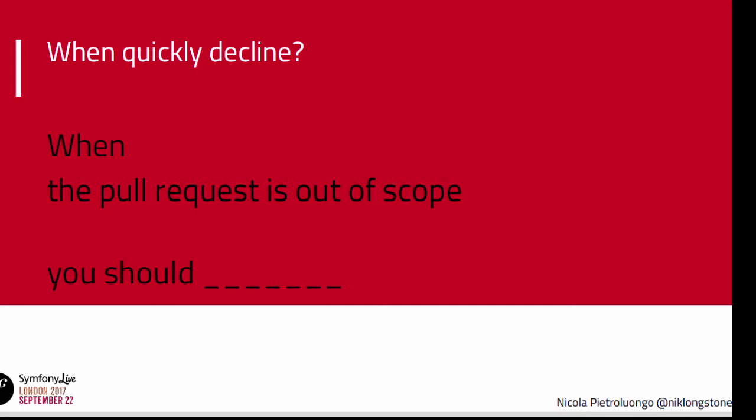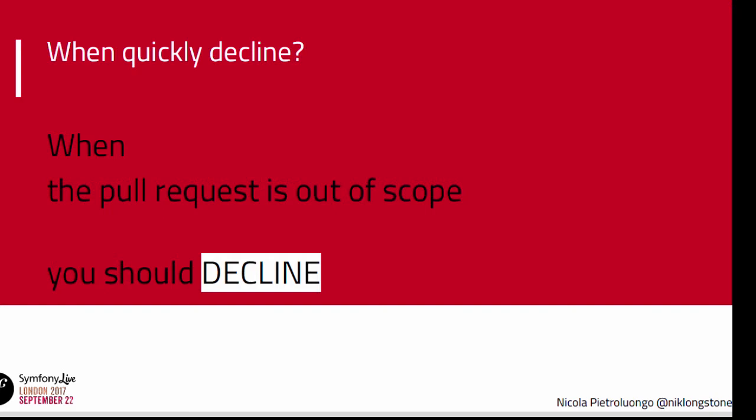So the point is, when the pull request is out of scope, what should you do? You should decline. Why? Out of scope means that I'm reviewing some code that tries to address more problems than the business needs. Imagine you have an agile board, there is some ticket, I want to fix problem X, and the code that I'm reviewing fixes another problem, also something that was not expected.